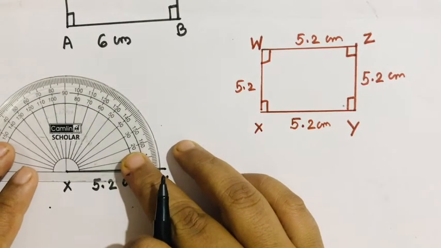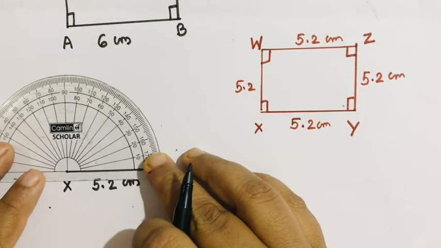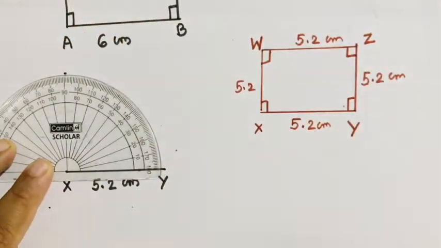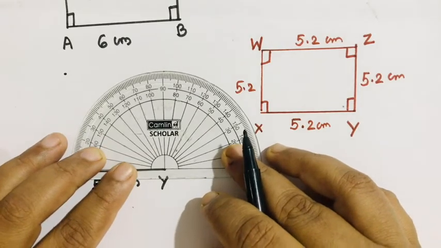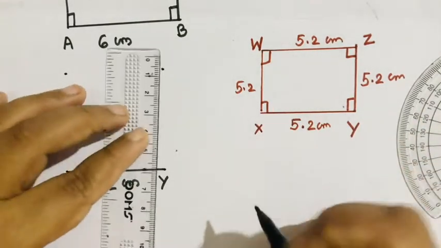Draw a 90 degree angle. Angle X is 90 degrees. Also angle Y is 90 degrees. Draw a ray.